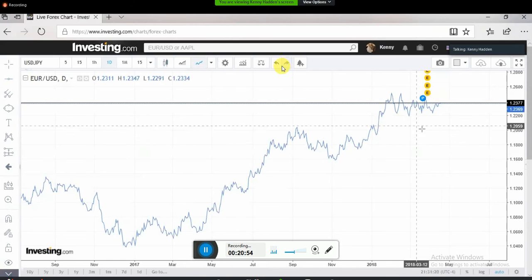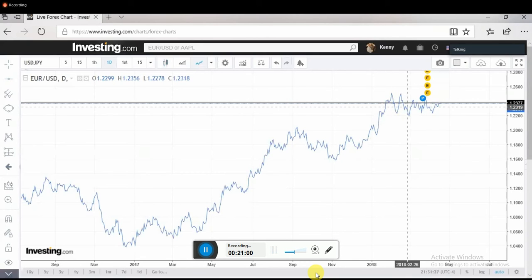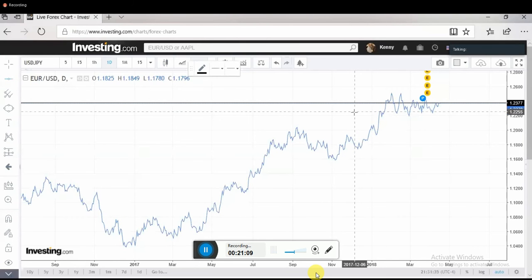So the first one I got is a tap right here and a tap right here. And then I go back to my horizontal line, and then I'll finish where I left off.